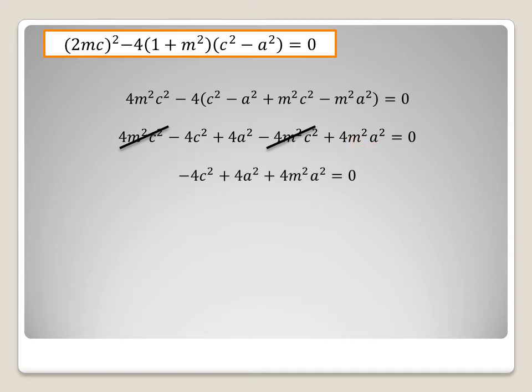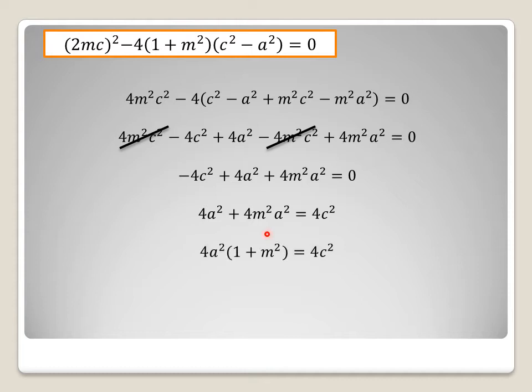So we have put the remainder here. As 4c squared has the negative sign, I'll take it to the other side of the equation to make it positive. So 4a squared plus 4m squared a squared equals 4c squared. From the left side, can you see any common term? Yes, 4 is common and a squared is common.